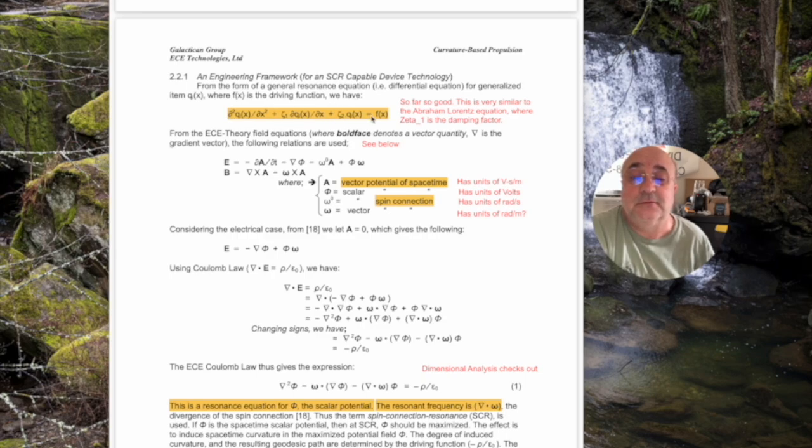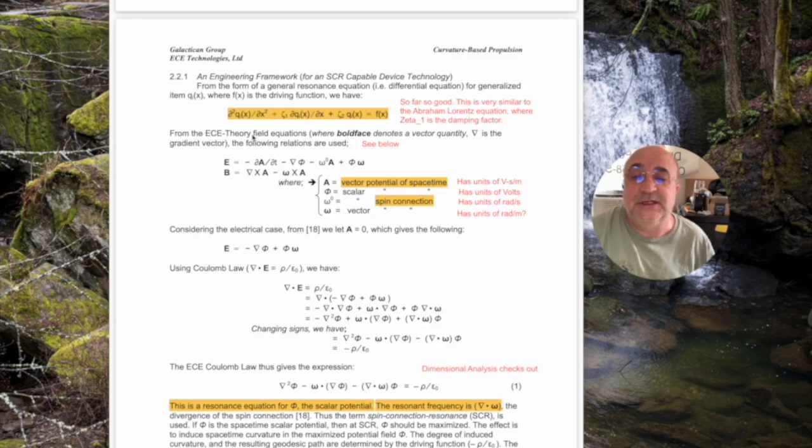Now I just want to point out that this is pretty much almost exactly the same as the Abraham-Lorentz equation, where zeta 1 is the damping factor, which, if you're familiar with my work, is what I attribute gravity to, radiative damping. But I also have the Abraham-Lorentz equation, and this is not much different. He's got a different term here, but it's just a multiple of the element itself.